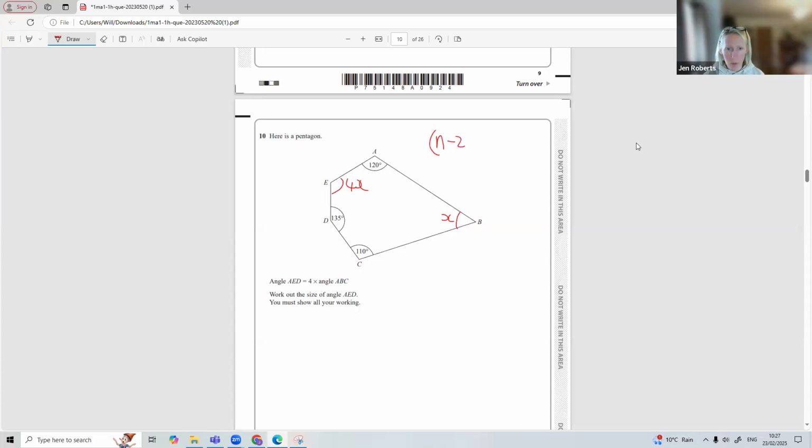N minus 2 times 180. So the number of sides is 5. So what's 5 minus 2 times 180? 5 minus 2 is 3. 3 times 180 is 540.